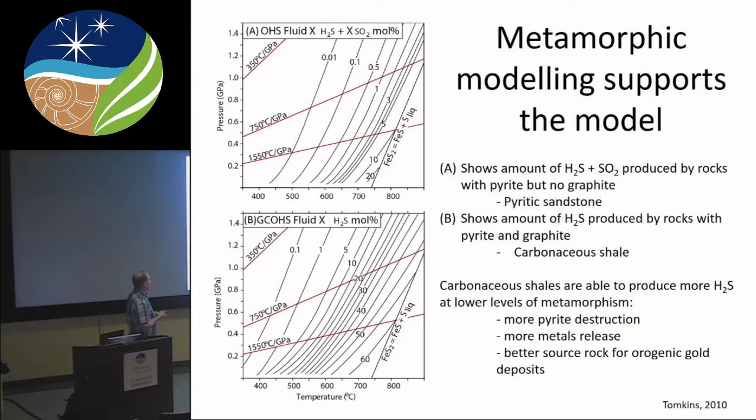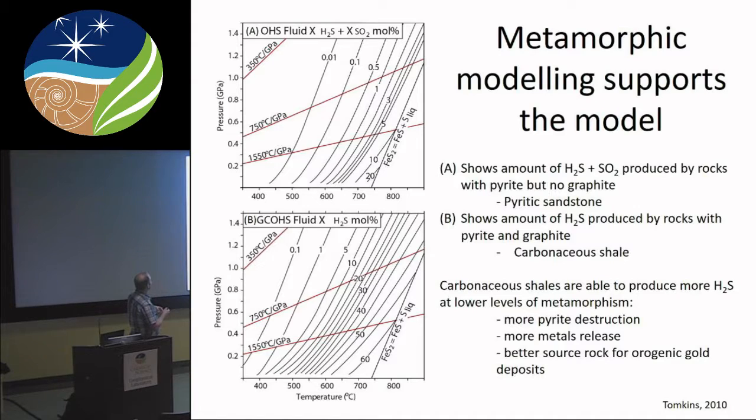And metamorphic modeling supports carbonaceous shales as being particularly good for this. These are measures of sulfur that is evolved during metamorphism and the pressure temperature conditions required for it.